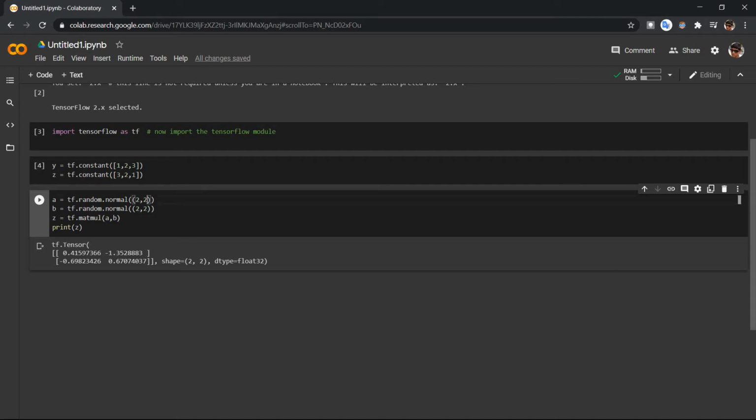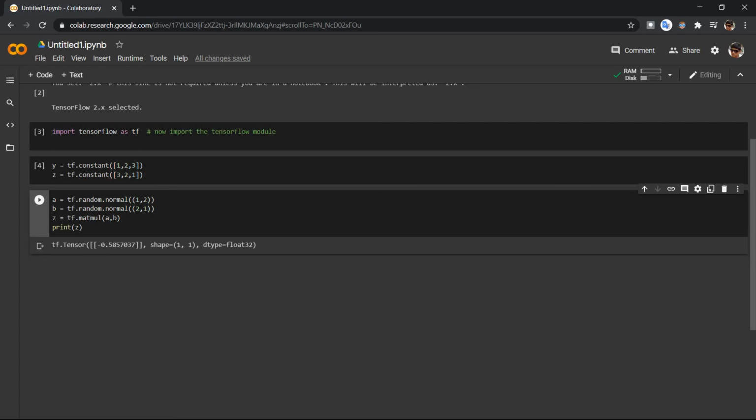So when we are multiplying any matrices, we know that the columns of the first should be equal to the rows of the second. If we multiply a 2 by 1 matrix with a 1 by 2, we should get a 2 by 2 matrix, and a 1 by 2 matrix with a 2 by 1 matrix, we should get a single value.